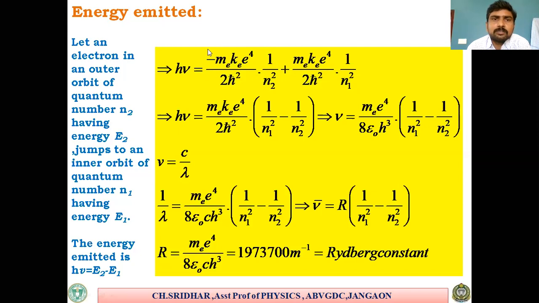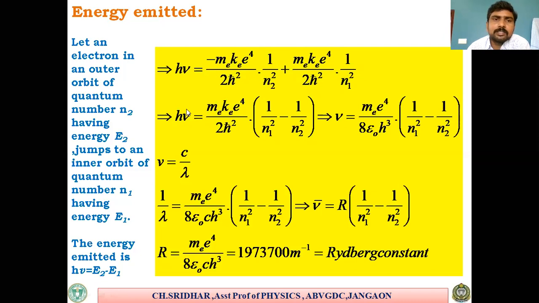This is the energy of the higher energy state, that is E2, and this is the energy of the lower energy state, that is E1. So by rearranging these two terms, we have h nu is equal to me ke into e to the power of 4 by 2 h cut square into 1 by n1 square minus 1 by n2 square.